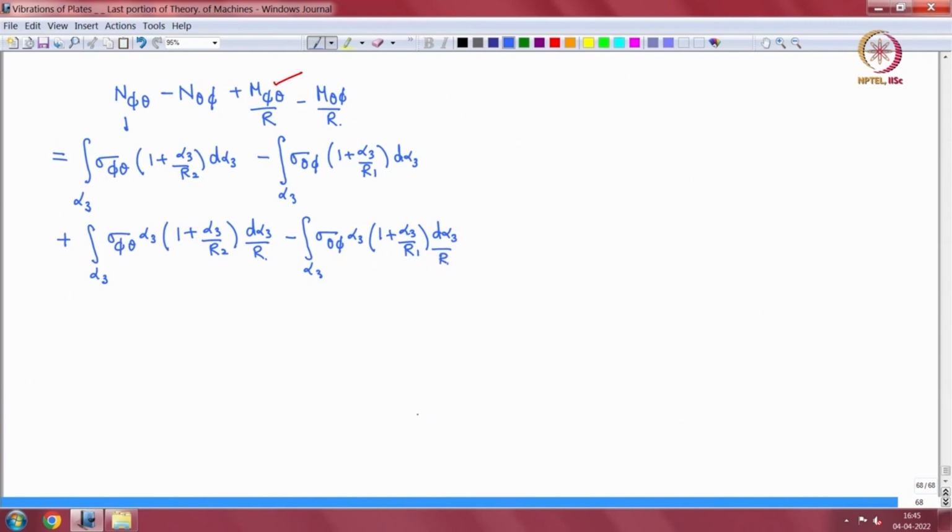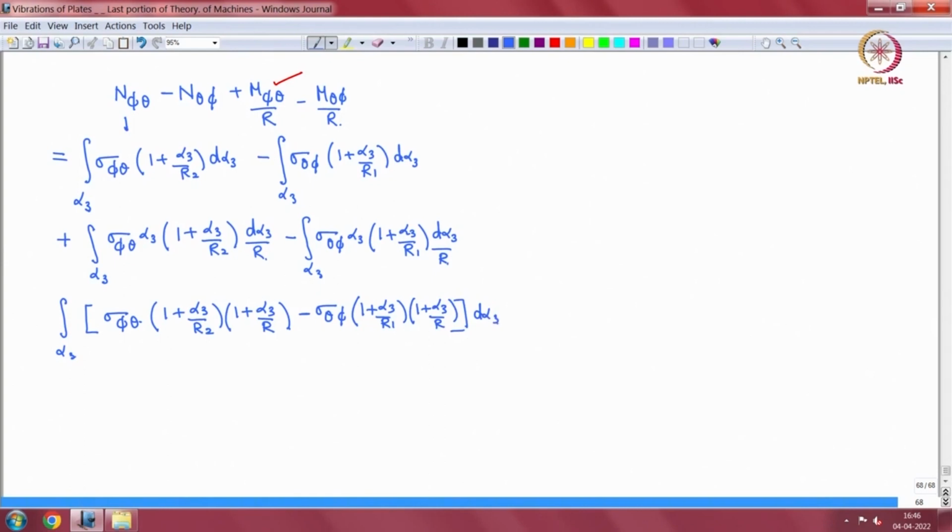Now if I put all terms together, I get integral alpha 3 of sigma phi theta 1 plus alpha 3 by r2 times 1 plus alpha 3 by r, minus sigma theta phi 1 plus alpha 3 by r1 times 1 plus alpha 3 by r, d alpha 3.